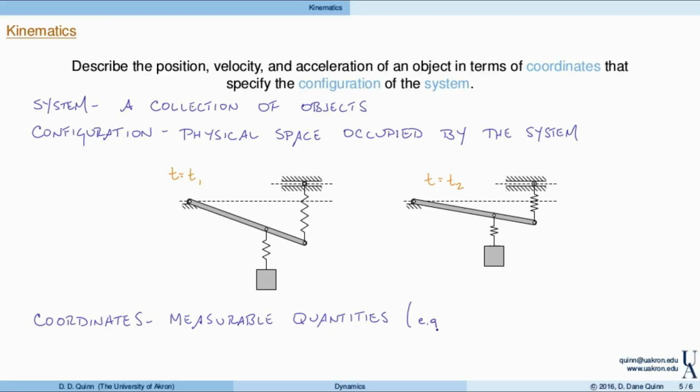Such as distance, or perhaps angle. In the above example, we could measure the angle between the bar and the horizontal. We could also measure the distance between the mass and the attachment point on the bar. But so these are measurable quantities that specify the configuration.